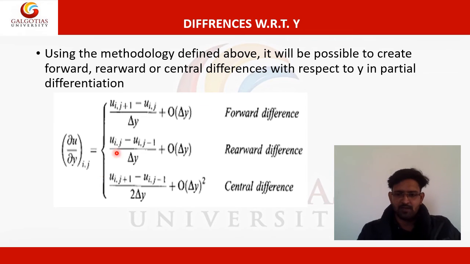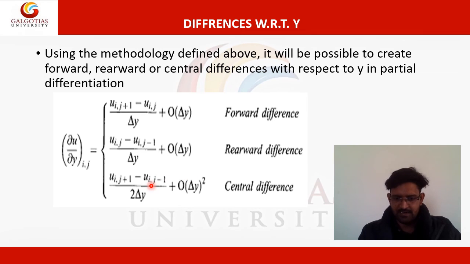Okay. So if I want to write the forward difference, u(i, j+1) minus u(i,j) over delta y plus O(delta y). These are the other terms that we have neglected. This is the forward difference. If I talk about the backward difference, u(i,j) minus u(i, j-1) over delta y plus other terms. This is the backward difference. Okay.